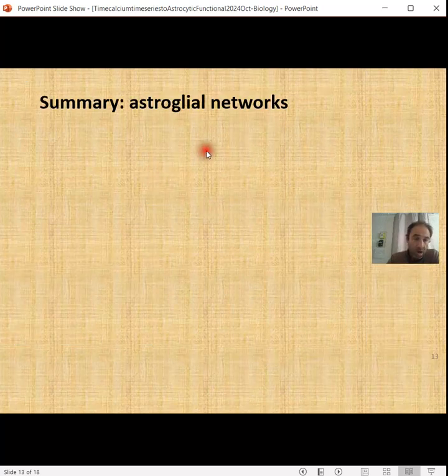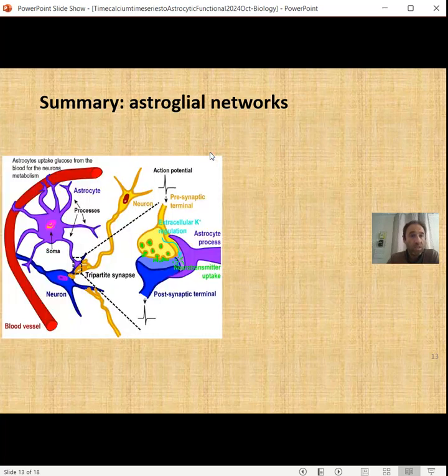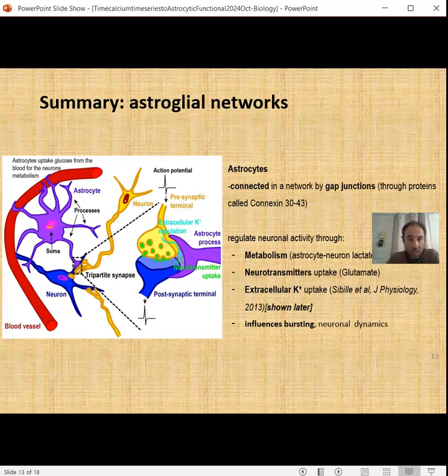So in summary, for this first YouTube, we discuss here the astrocytic network that is responsible for metabolite collection and delivery to neurons, and they are not only involved in this metabolic pathway, but also in uptake of neurotransmitter and extracellular potassium regulation, which can influence bursting and also epilepsy, of course.